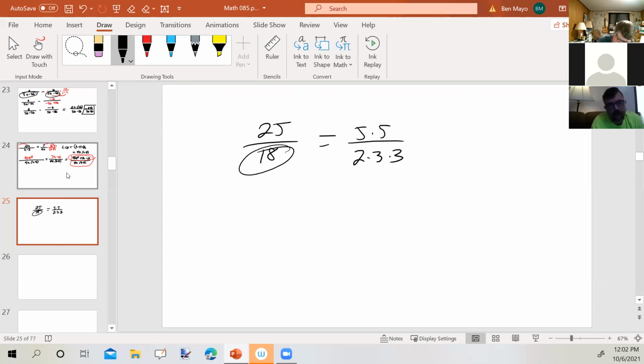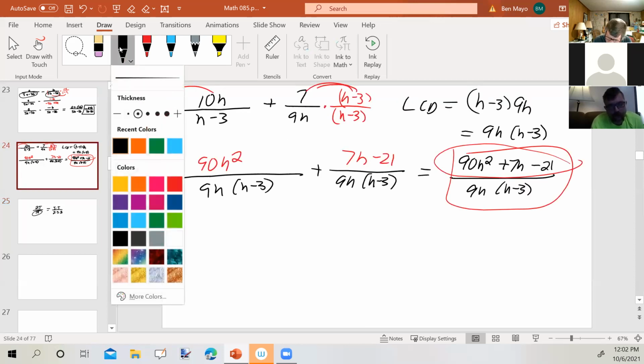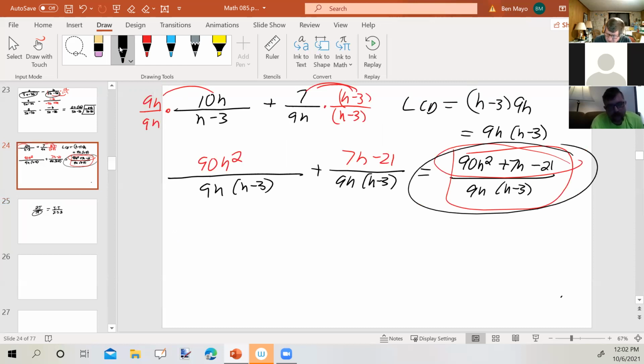Okay, let's see if you're still with me here. So what I'm saying is, if this thing is going to reduce, then the numerator has to contain either a 3 or a 9 as a greatest common factor, or an h, or an h minus 3 as a factor.